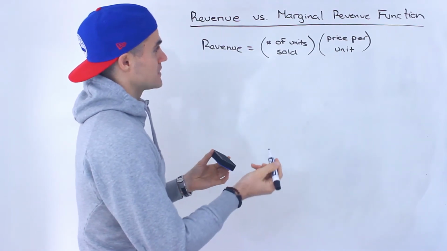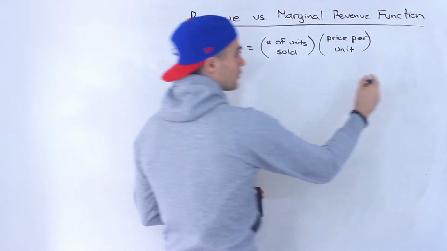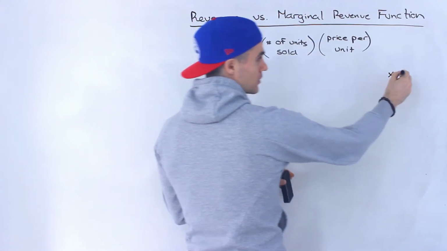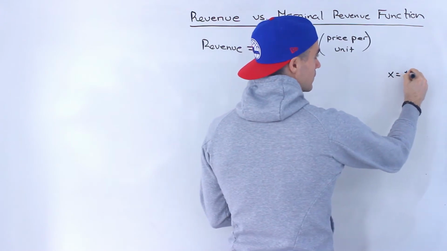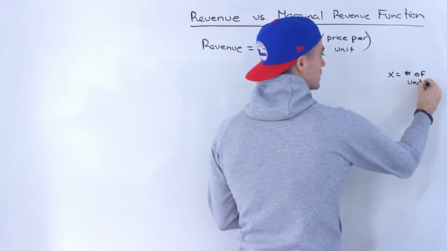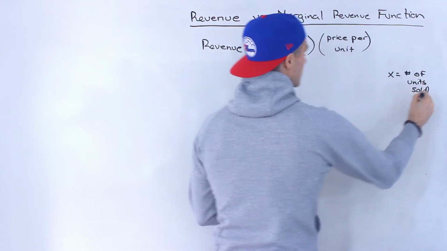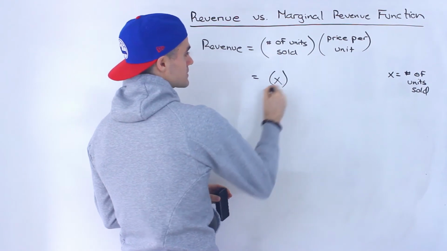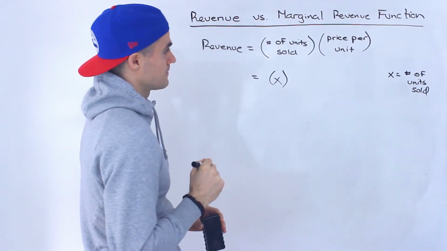Now what happens is usually this number of units sold is represented with a variable. Let's call it x. So if we let x be the number of units sold, then this bracket here is going to be x.